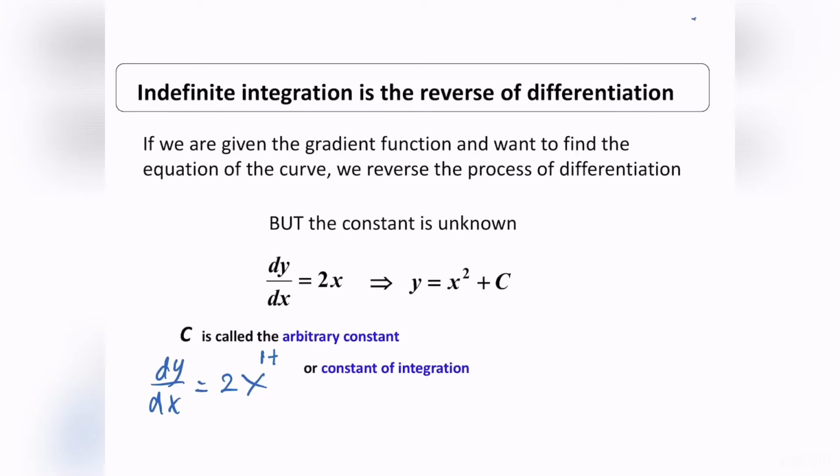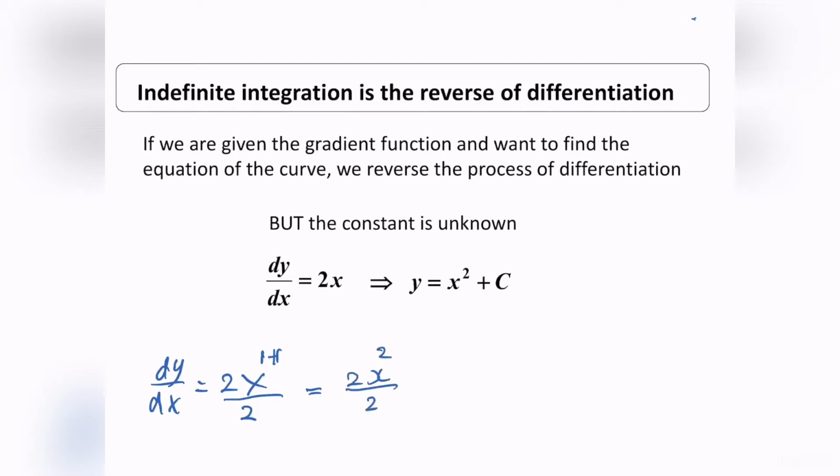If I add 1 to the power and divide by the new power, because now 1 plus 1 is 2, this becomes 2x to the power 2 divided by 2, and then we cancel these 2 and we end up with x squared plus c. This c we call the constant of integration, or an arbitrary constant.